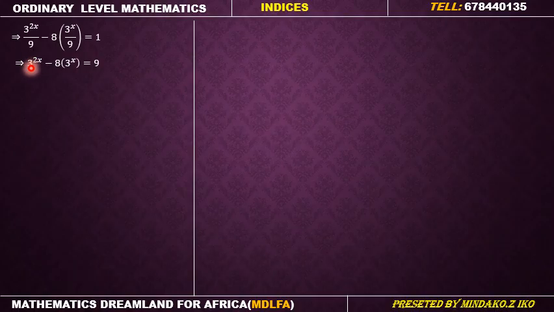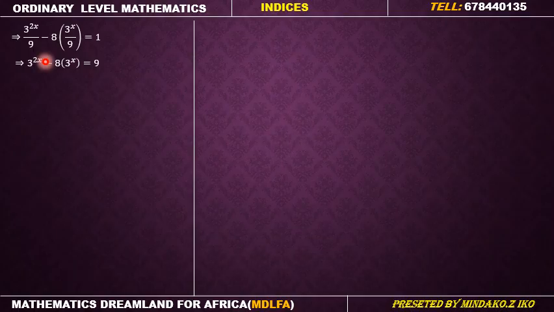It means I would say 3 power x times 2, not 3 power 2x again. Since multiplication is commutative, I will say 3 power x times 2. And then if I do that, I will just remove the 2 outside, which is still the same.